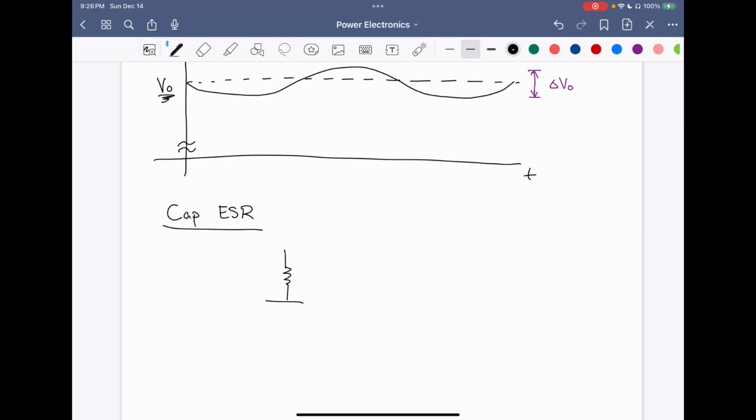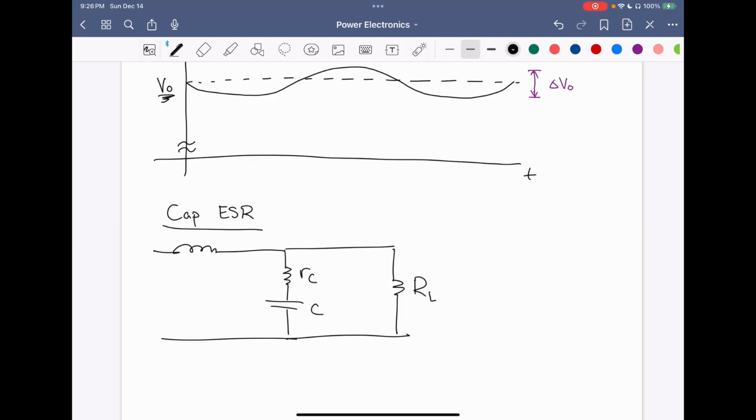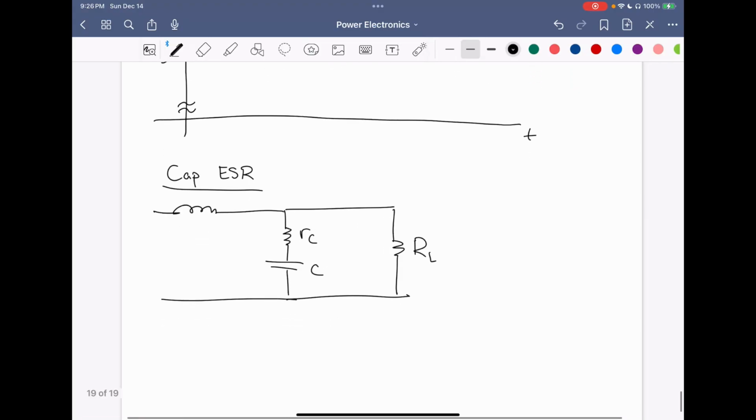So actually, a model that you'll use in design is the equivalent series resistance, RC, of the capacitor. So this is all in parallel with the load resistor RL, and we have the inductor here. Now, what this means is that we're going to get additional ripple voltage component from this ESR of the capacitor.